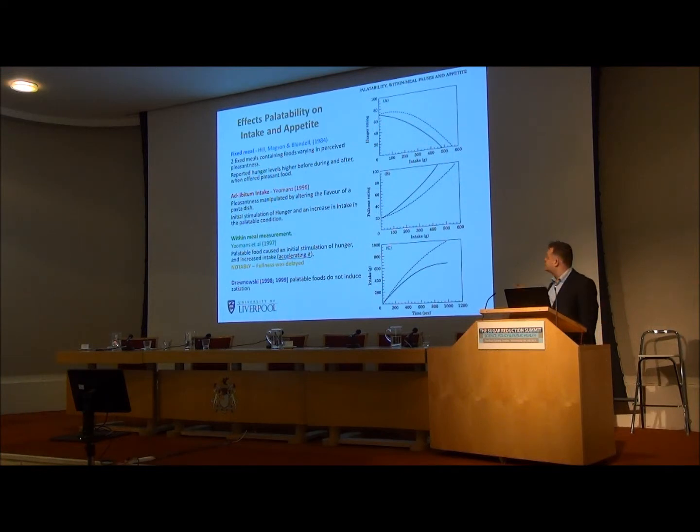And also, interestingly, if we look at the bottom graph, and that intake graph at the bottom, you see the dotted line is the more palatable meal. Eating rate is quicker. And what we know is the faster you eat, the less associated that is with the normal development of appetite within a meal. And that's just normal people eating a palatable or a less palatable meal. Well, that profile is also similar to the profiles we see in the morbidly obese, just in response to general food intake.